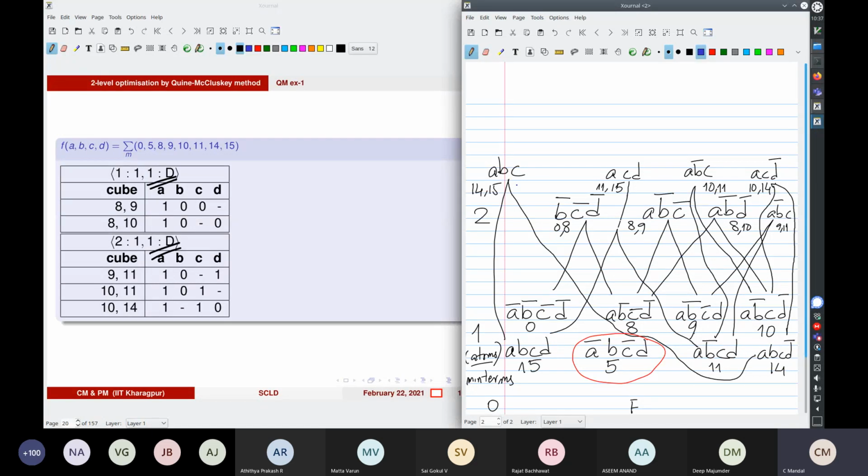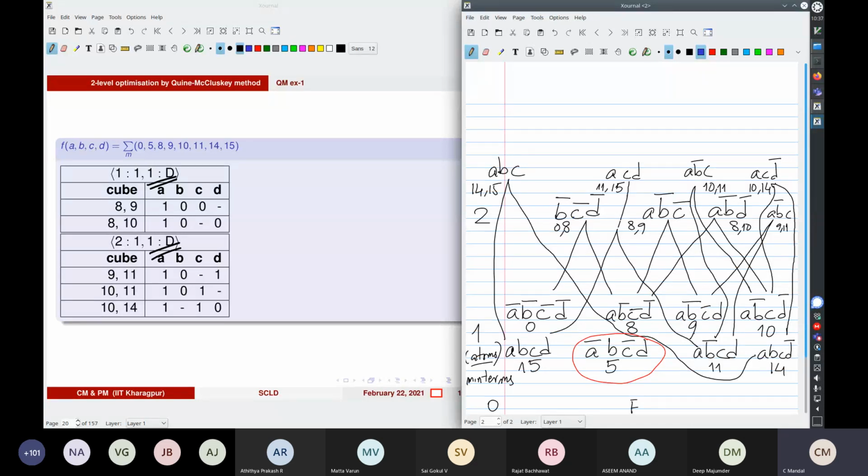and then you will consider those which have one number of ones and two number of ones. Well, you don't have any cube with zero number of ones here. No, you do have a cube with zero number of ones.